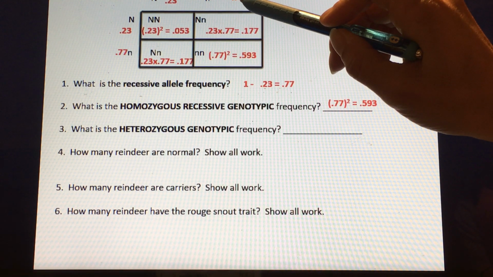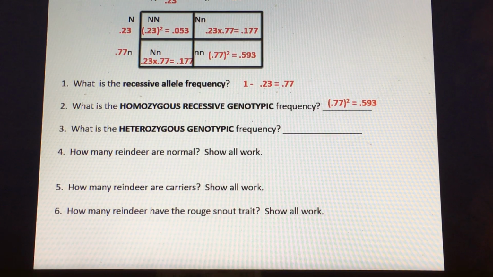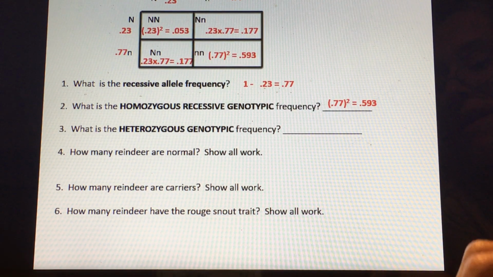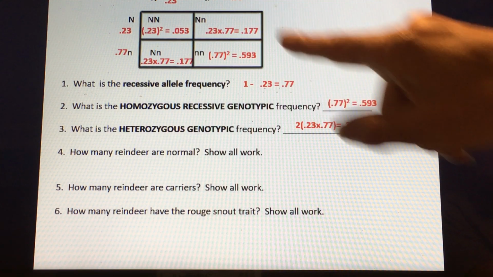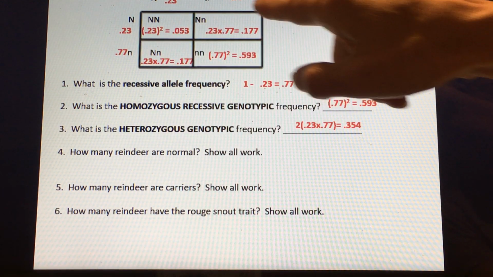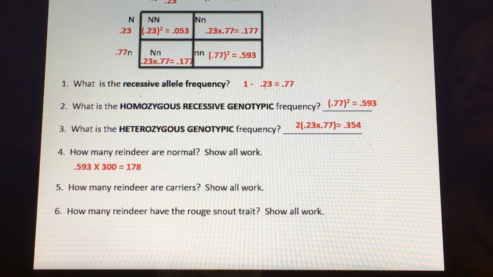The chance of getting them together is 0.77 times 0.77, which mathematically is the same thing as 0.77 squared. And then it asks what is the heterozygous genotypic frequency, and that would be 0.23 times 0.77 times 2, because there's 2 of those squares in the Punnett square. So the answer there is 0.354.